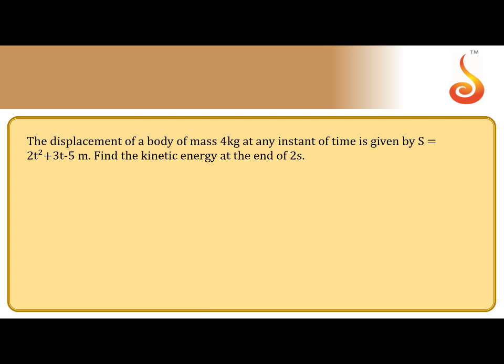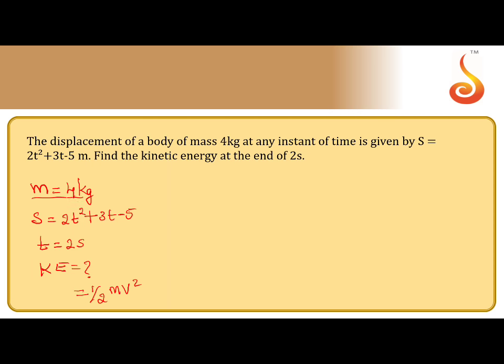So what is given in the data is mass of the body equal to 4 kg, displacement S equal to 2t square plus 3t minus 5. At the end of 2 seconds, t is equal to 2 seconds, you need to find the kinetic energy.